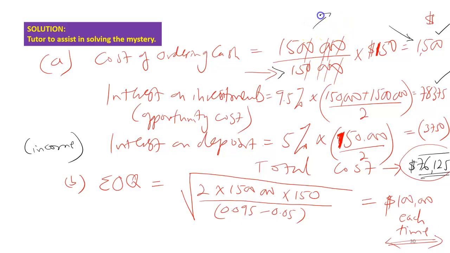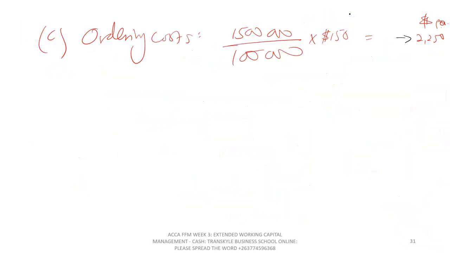Here the number of orders was 10. But when we reduce the order size, you will discover that the orders now are 15 altogether. If you do your division, you could see that we are left with 15 orders. So they've increased. Why? Because the order size has reduced. That will impact negatively on the ordering costs, which will increase eventually. But it doesn't mean that the holding costs are also going to increase. Let us see.